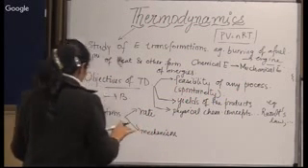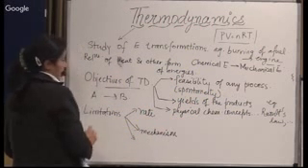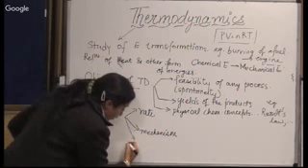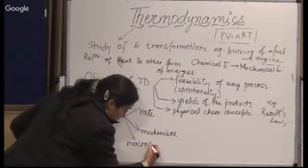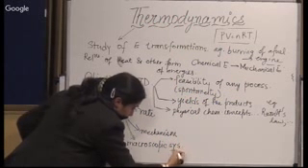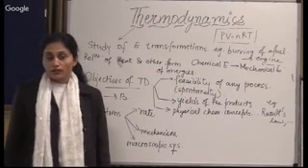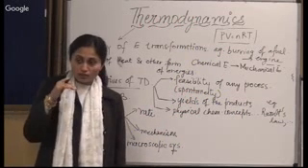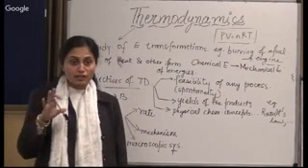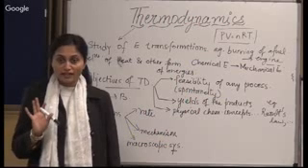Okay, and then another thing is that this is the study which deals with only macroscopic systems. It does not talk anything about the microscopic entities. Like earlier when you have done the study of microscopic entities, and what is that study called? Quantum mechanics, right?